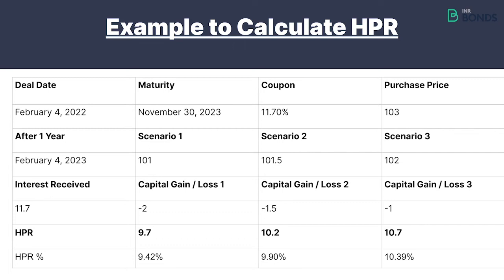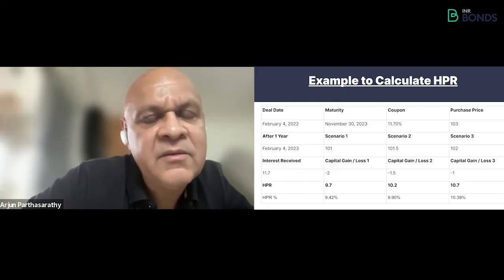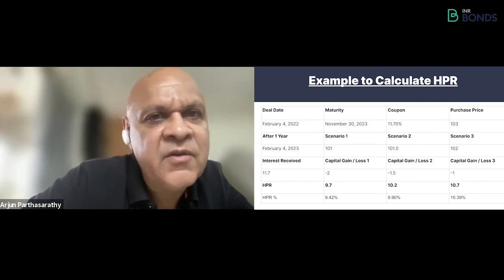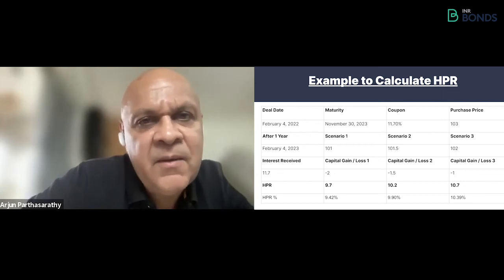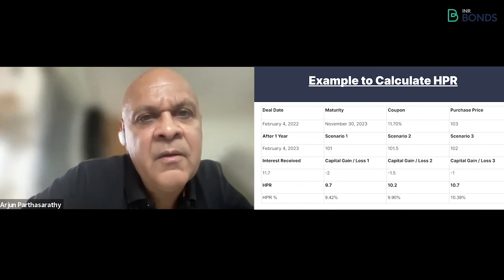In a 1 year period, the investor gets a holding period return of 11.7 rupees less 1 rupee 50 paisa. In the third scenario, if the investor sells at 102 rupees, the holding period return will be 11.7 rupees less 1 rupee, which is the difference between the purchase price of 103 and 102.